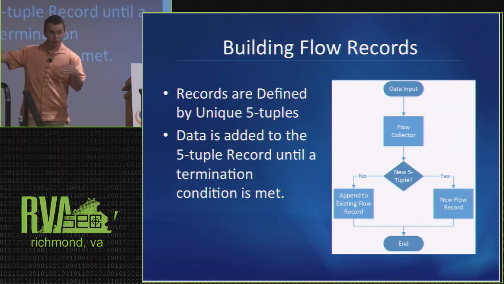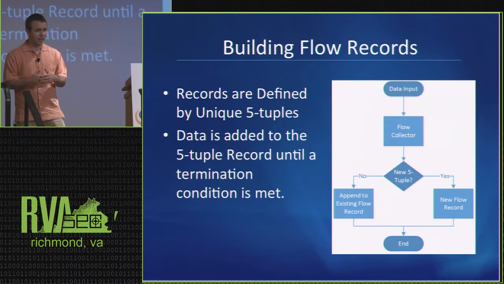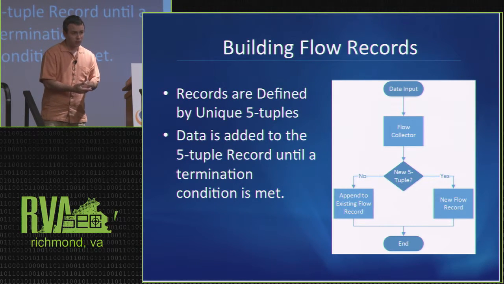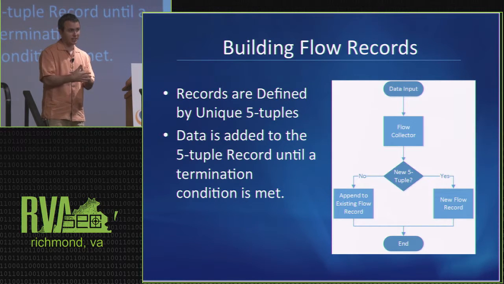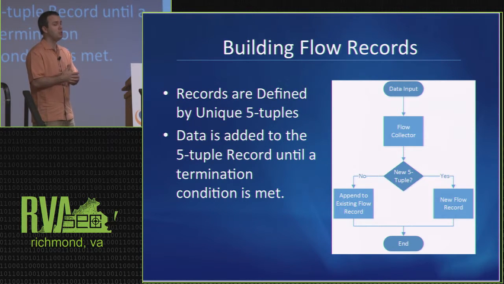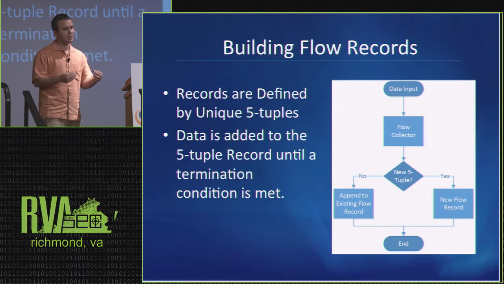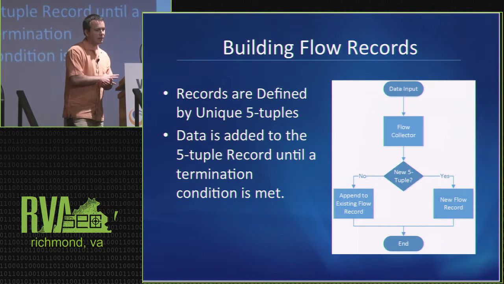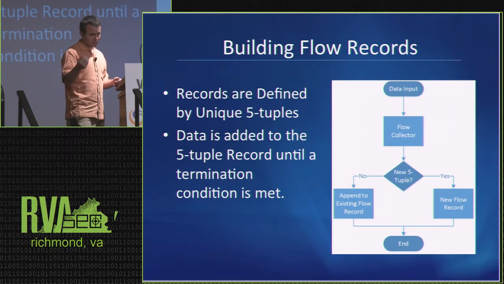Well, if another communication comes in and it has the same thing but a different protocol, it will generate a different flow record. So these might be simultaneous communications going on at the same time, but it's important to note that only when that changes do you get another record, or when there's a timeout do you get another record. You can think of it as kind of an assembly line.